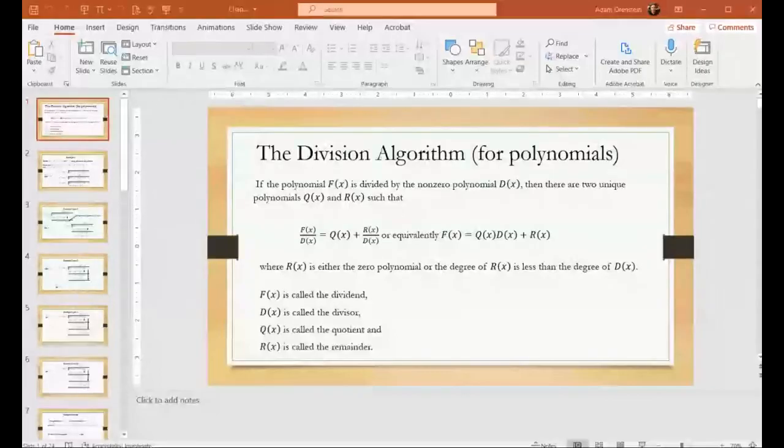Beautiful, good. Okay. So if you remember last time, I did present the division algorithm.